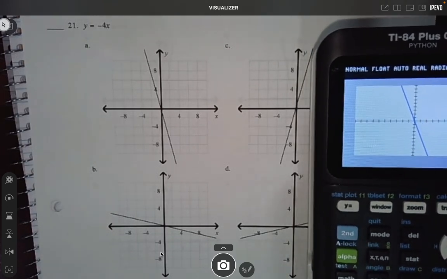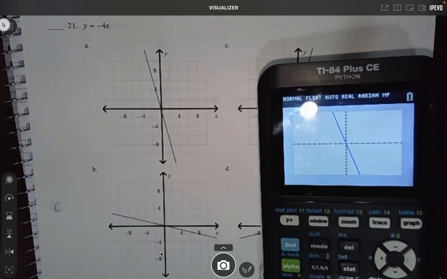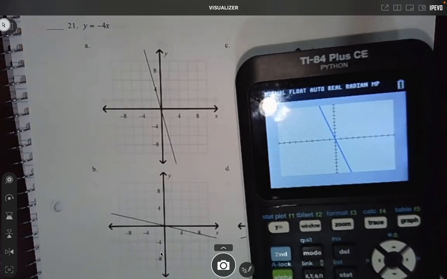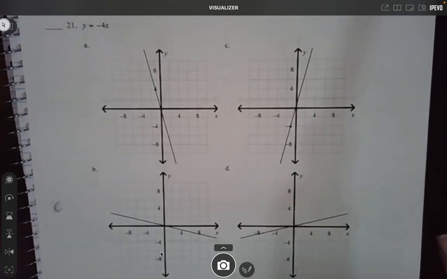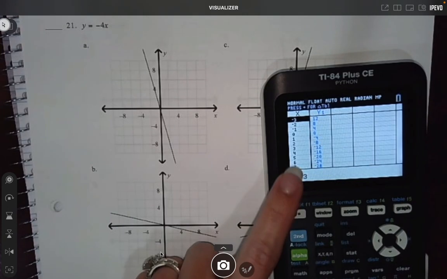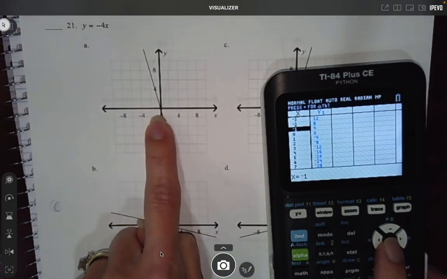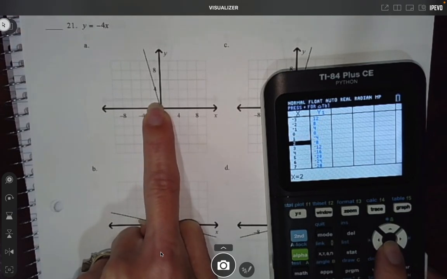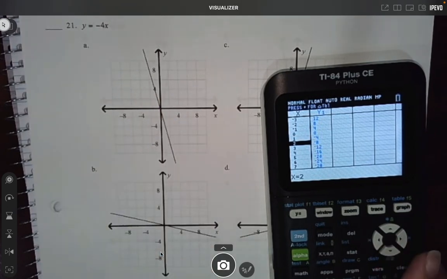D is going a totally different way. Now look, does A or B look more like it? A. Okay, so you can see, that one's on there. So you can probably just do that. Or if you wanted to, y'all, press second table, and then you can see if some of the ordered pairs match. That would give you more exact, like where are you? Does that make sense? Yeah?